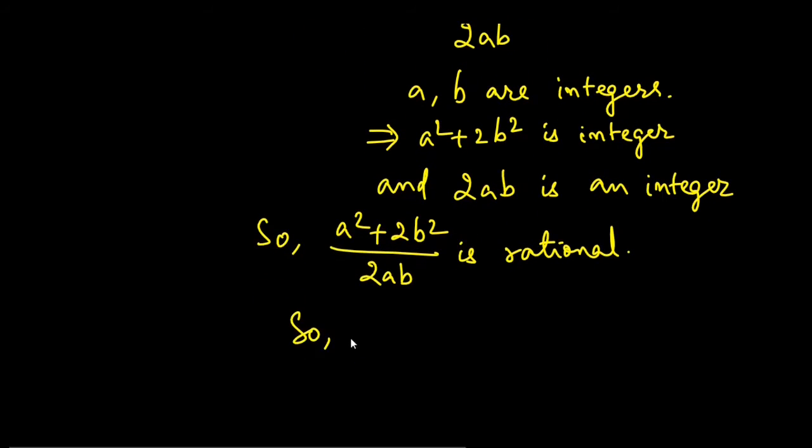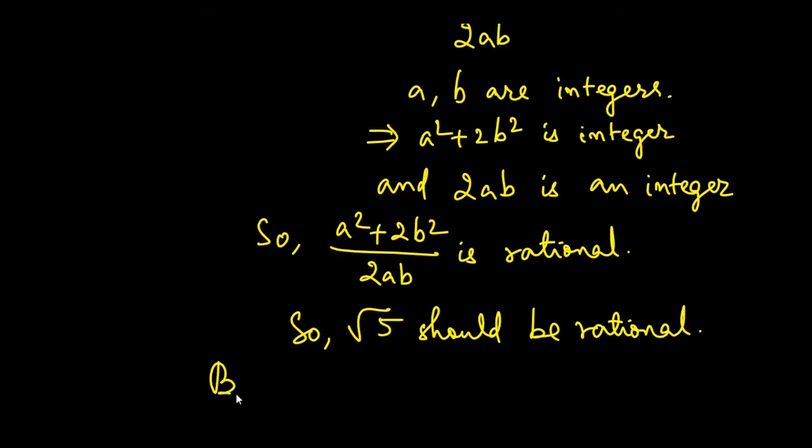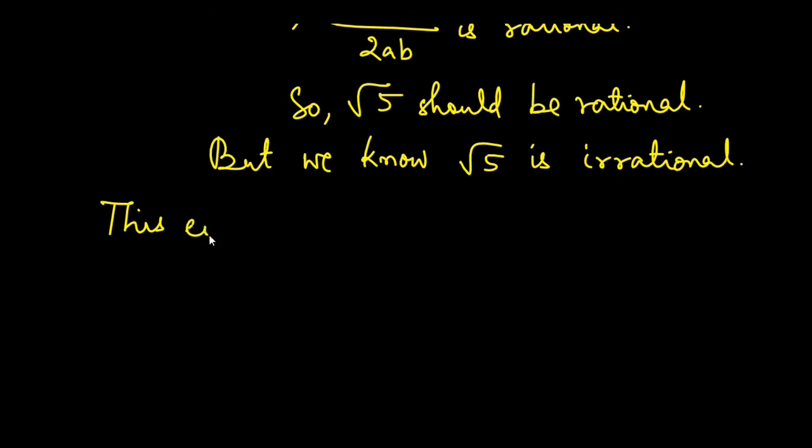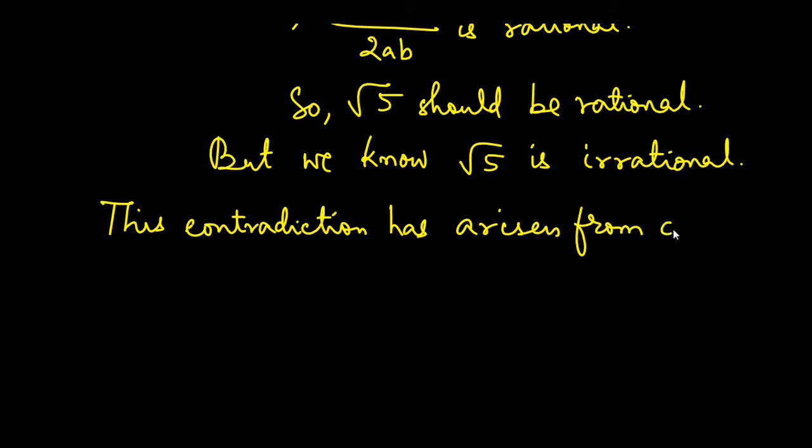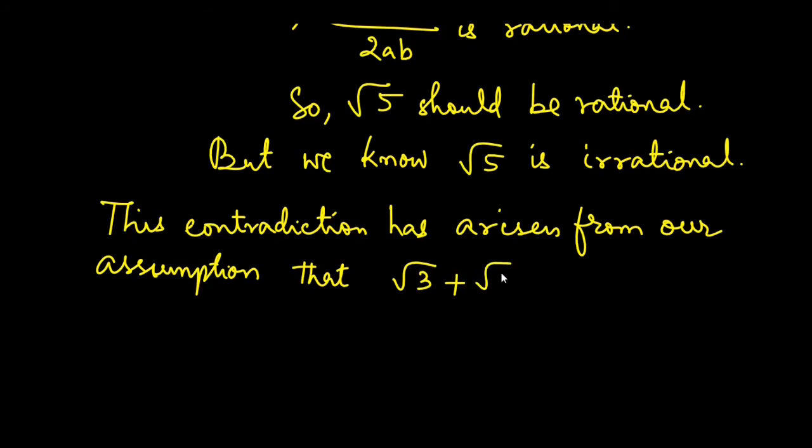So root 5 should be rational, but we know root 5 is irrational. This contradiction has arisen from our assumption that root 3 plus root 5 is rational.